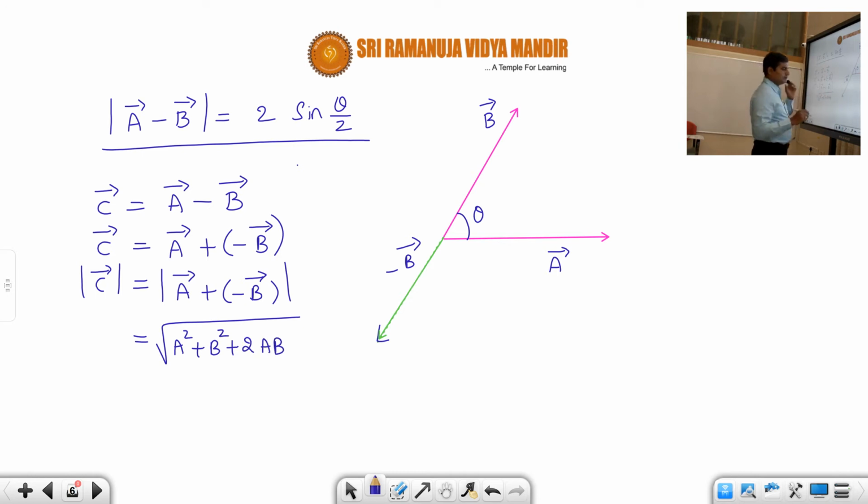I told you in the previous session, when you are already reversing the direction, we should not substitute minus B here. Now what is the angle between A bar and minus B bar? 180 minus theta.